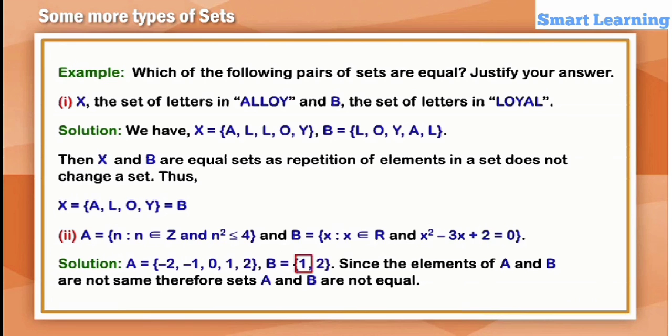B is equal to {1, 2} from the definition of set, as 1, 2 are the solutions of the equation x square minus 3x plus 2 is equal to 0. Since the elements of A and B are not the same, therefore sets A and B are not equal.